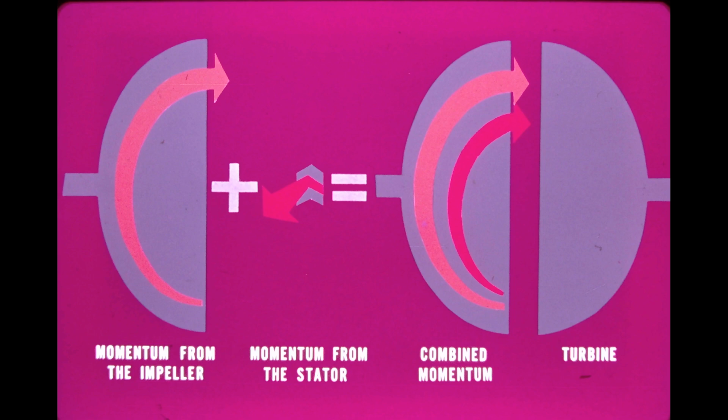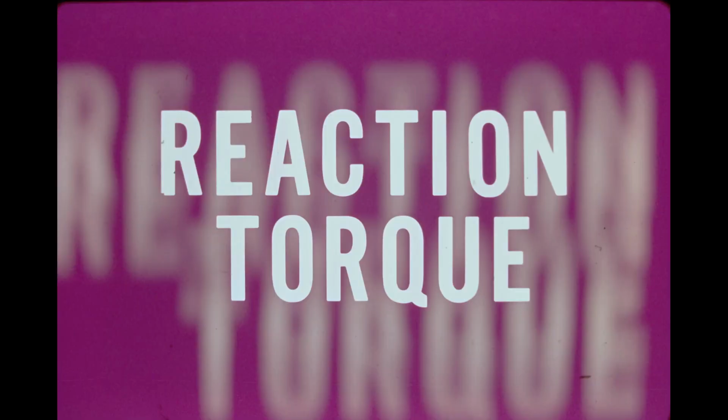The combination of these two forces means that the fluid, as it leaves the impeller, will strike the turbine blades with more impact than if the impeller alone were responsible for imparting momentum to the fluid. The torque added to the turbine as a result of the stator's action is called reaction torque.